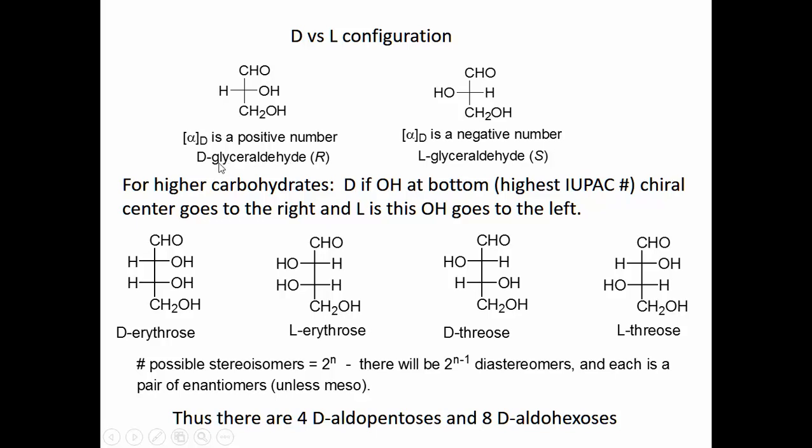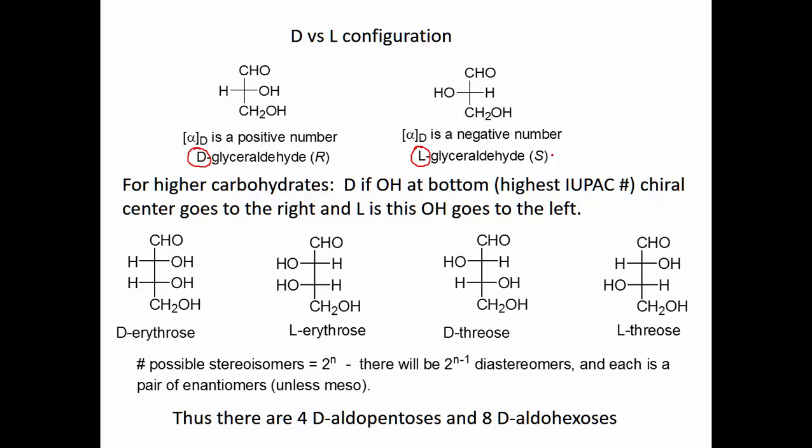And we're going to call that one the D, for dextrorotatory, and it happens to also have the R configuration. The enantiomer of glyceraldehyde has a negative specific rotation, and we're going to call that the levorotatory, or left side rotation, and this has the S configuration.